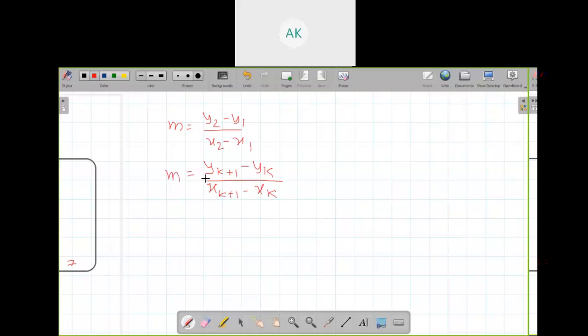Okay, the difference in y divided by the difference in x, the deviation in y divided by the deviation in x.